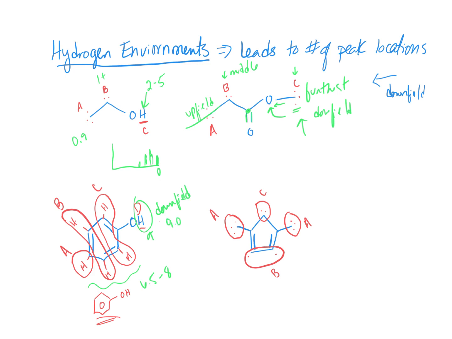And part of the reason for that is that in a benzene ring, you have the electrons that, again, are being delocalized here. So the electrons are being pulled to the center of that ring. And that's why you get such high peaks in that range.